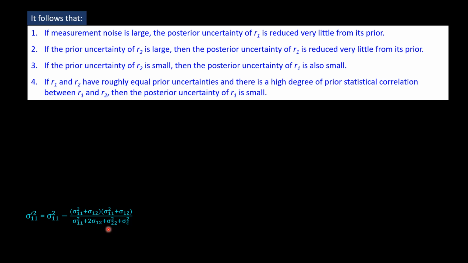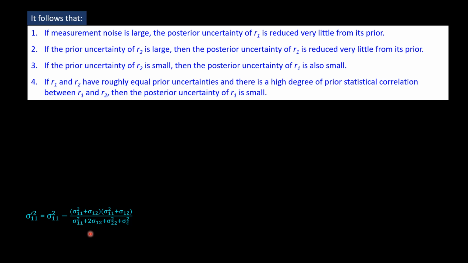Point number 4. If R1 and R2 have roughly equal prior uncertainties, and there's a high degree of prior statistical correlation between R1 and R2, that's this term here, then the posterior uncertainty of R1 is small.